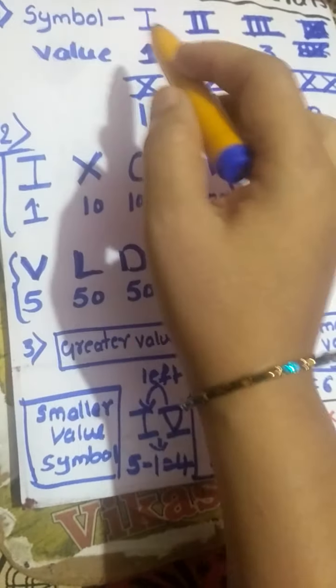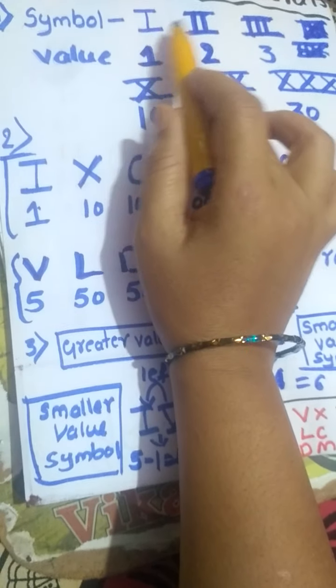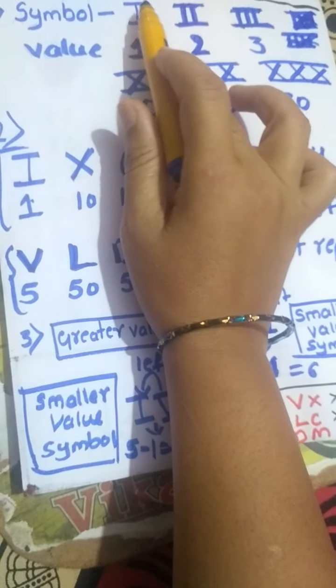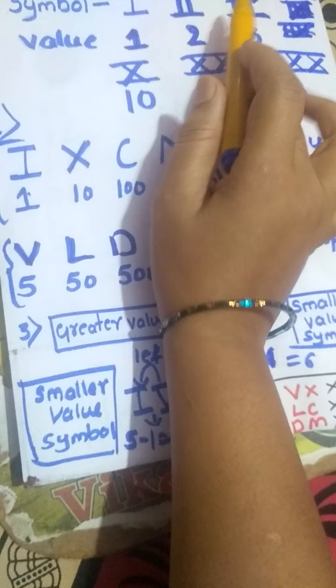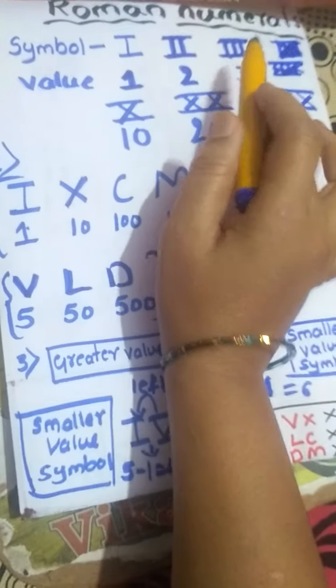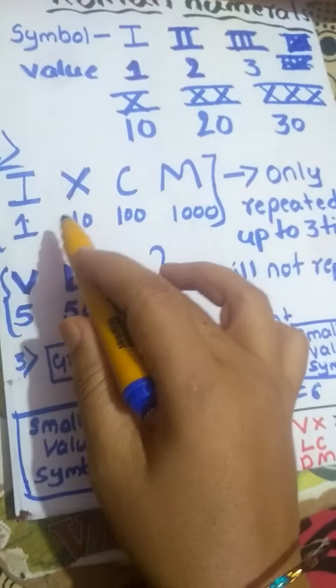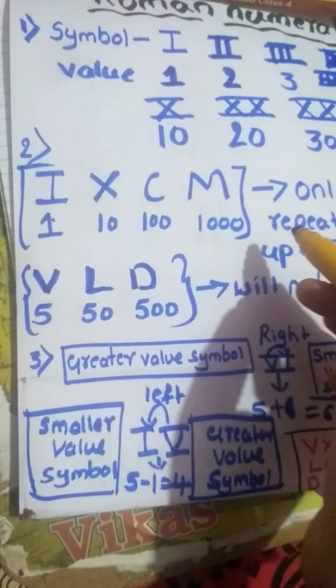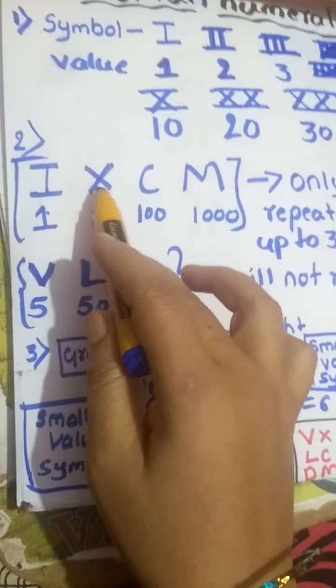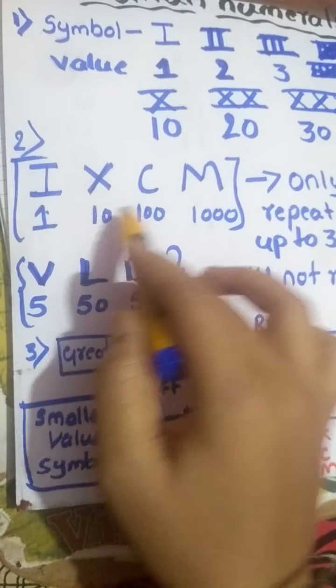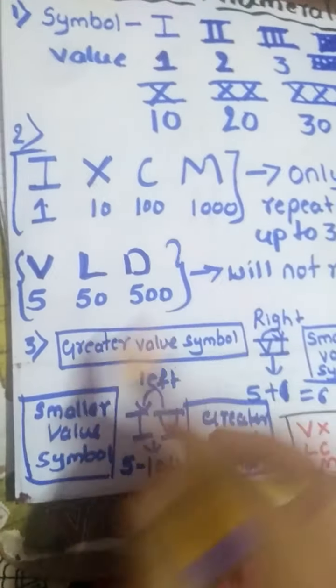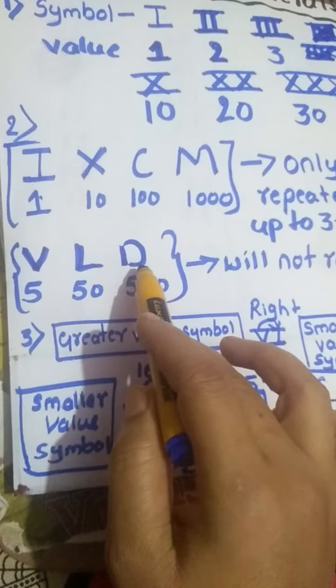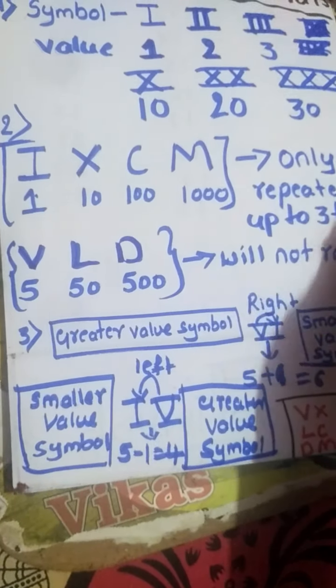First rule is we add to write the numbers. So see here, 1 plus 1 is 2, 1 plus 1 plus 1 is 3. And second, some symbols can repeat and some cannot. Capital I, X, C, M, meaning 1, 10, 100, 1000, can repeat, but 5, 50 and 500 cannot repeat.